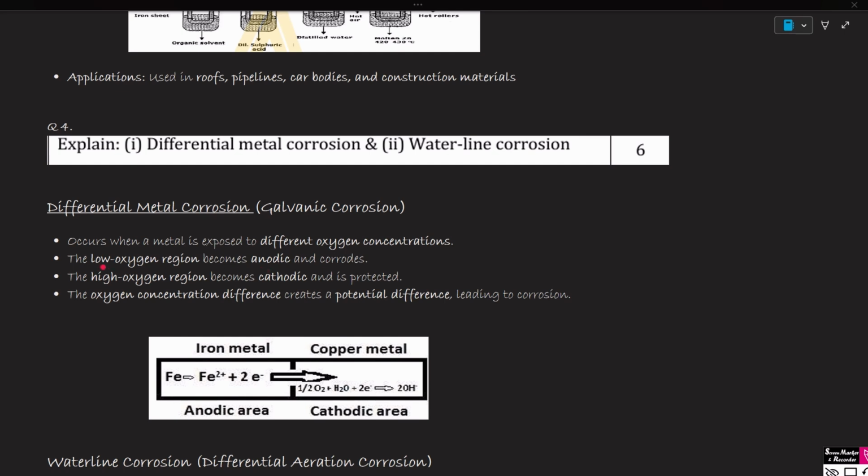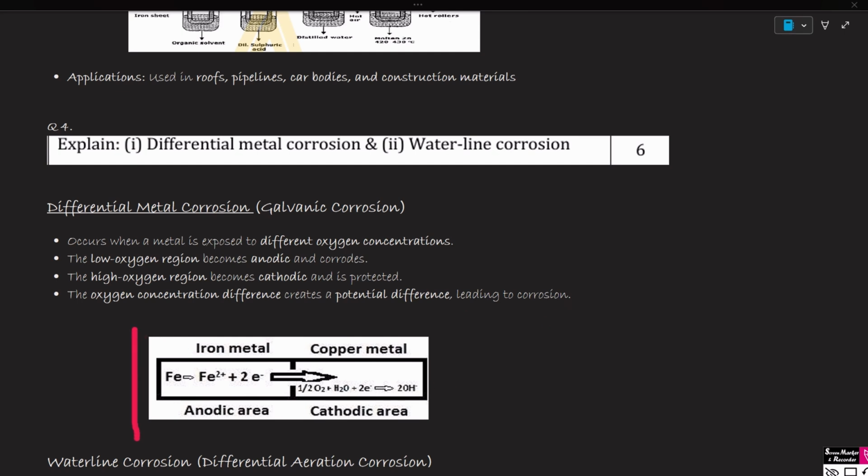The metal exposed to a high oxygen area becomes cathode and is protected from corrosion. The oxygen concentration difference creates a potential difference leading to corrosion.